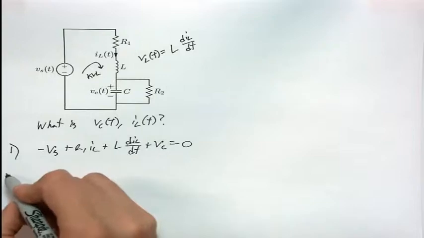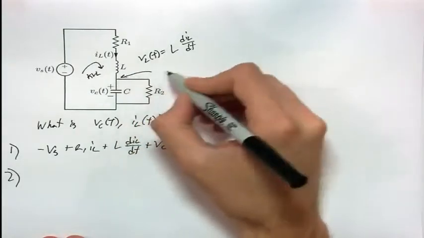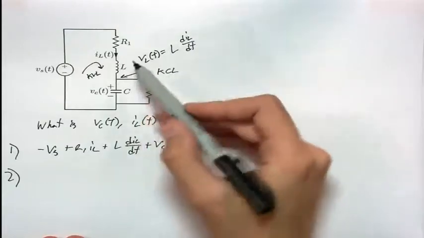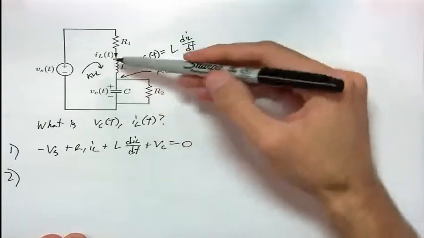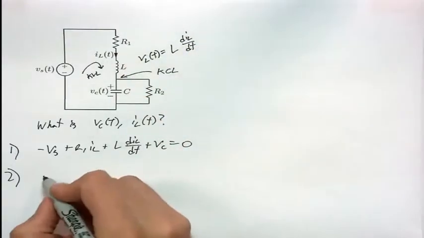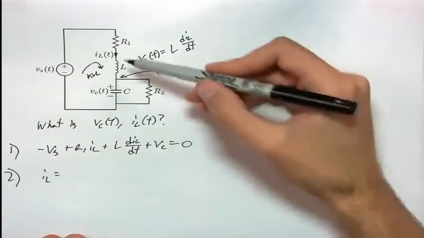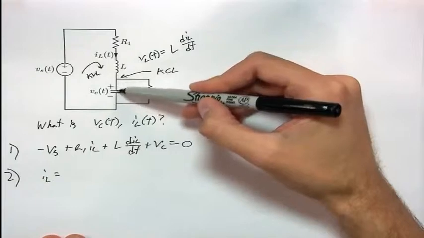That's our first equation. Our second equation is a KCL at this node here, and this will relate iL and Vc together. What's the current entering through the top branch? The top branch has a current of iL. And then for the bottom branch, what's the current through a capacitor?